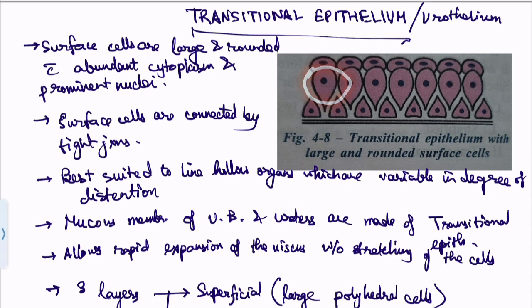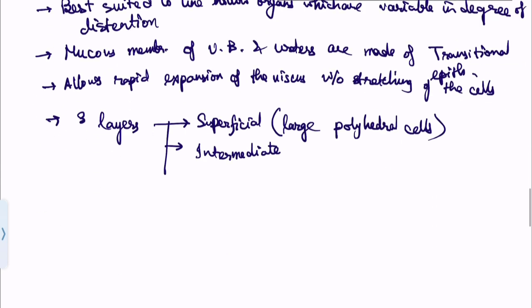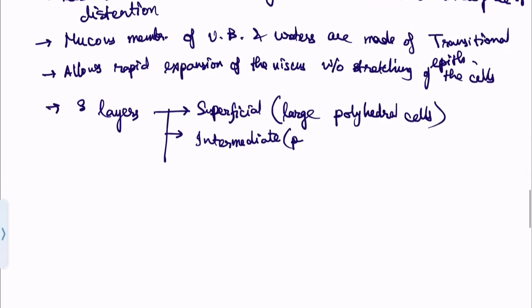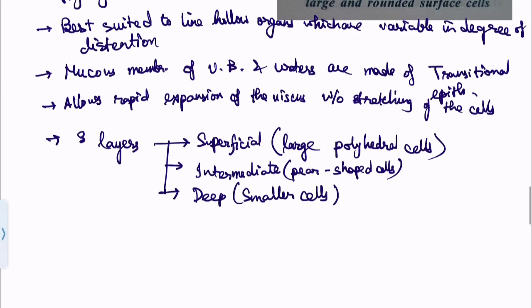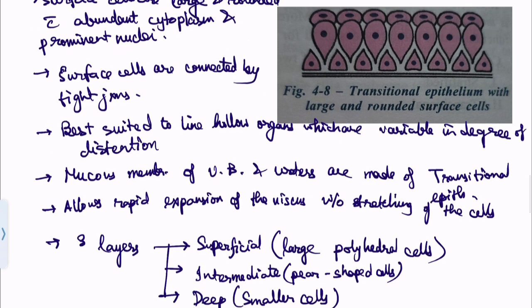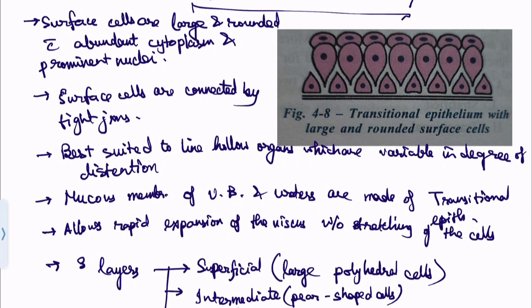These types of cells. And the deep layer containing smaller cells. If you see the last layer, you can see very small cells are present.